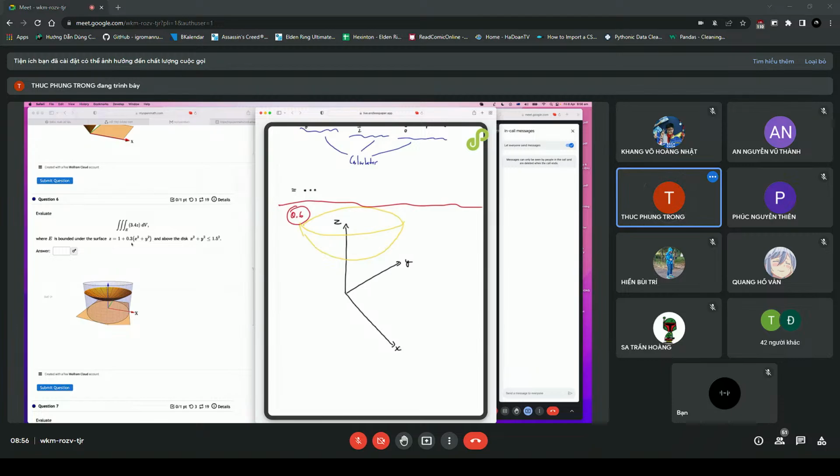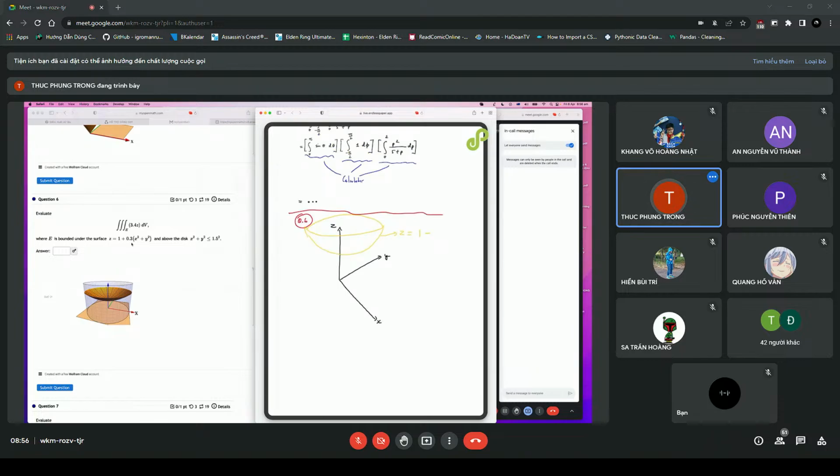So z is 1 plus 0.3 times x squared plus y squared. And then we have the disk x squared plus y squared less than or equal to 1.5 squared. So you should understand that the disk we are mentioning right here is the one in 2 dimensions right on the plane xy.